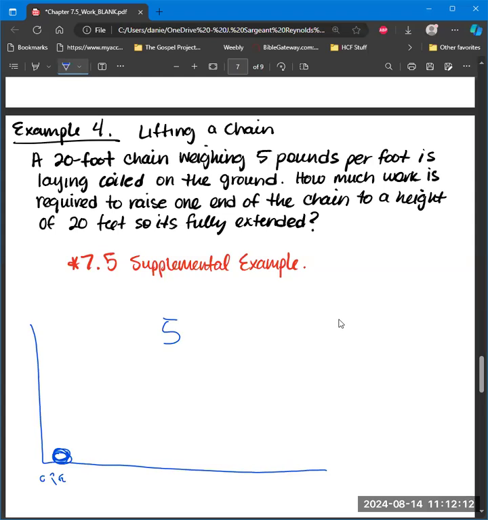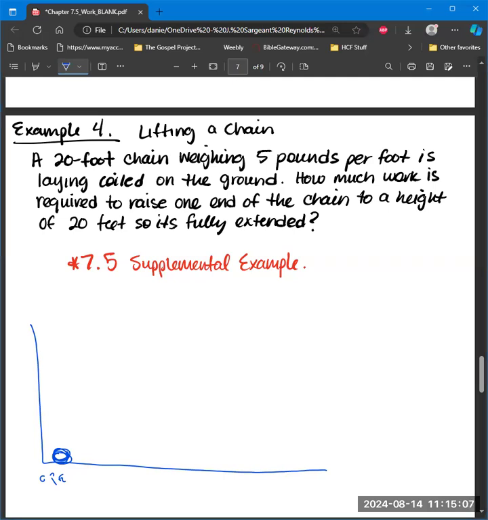Let's see, I don't have this problem done. All right, so I worked this one out as a supplemental example before.